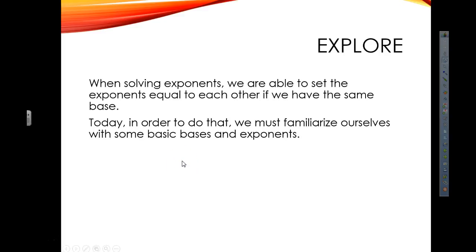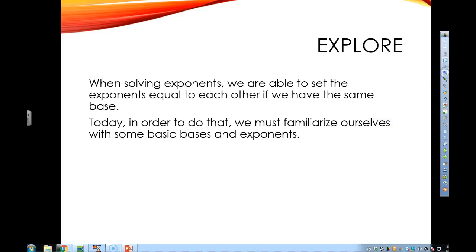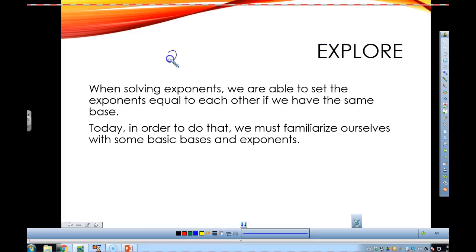So first of all, when solving exponential equations, we're able to set the exponents equal to each other if we have the same base. So what does that mean? That means basically this. If I have here a base of 2 to the 3x, and I have here a base of 2 to the 6th, if I have the same base, basically we can just cross those out and set these top things equal to each other.